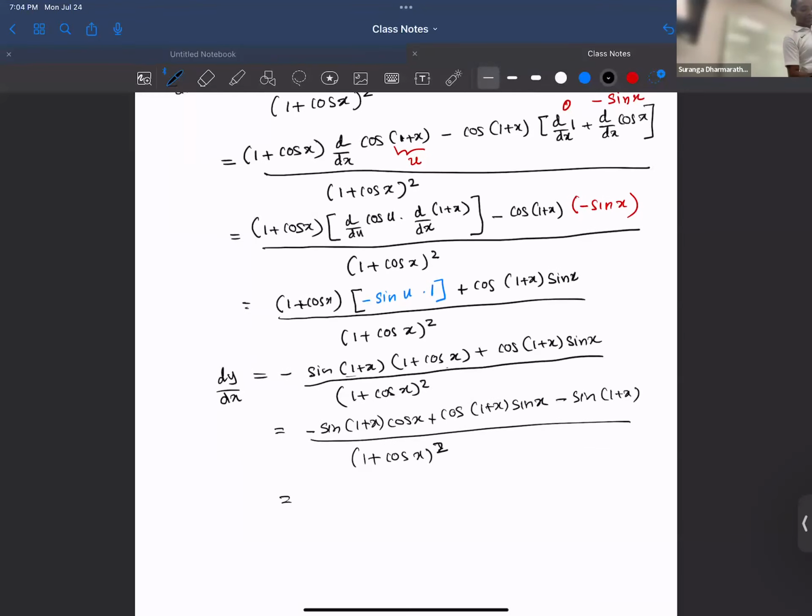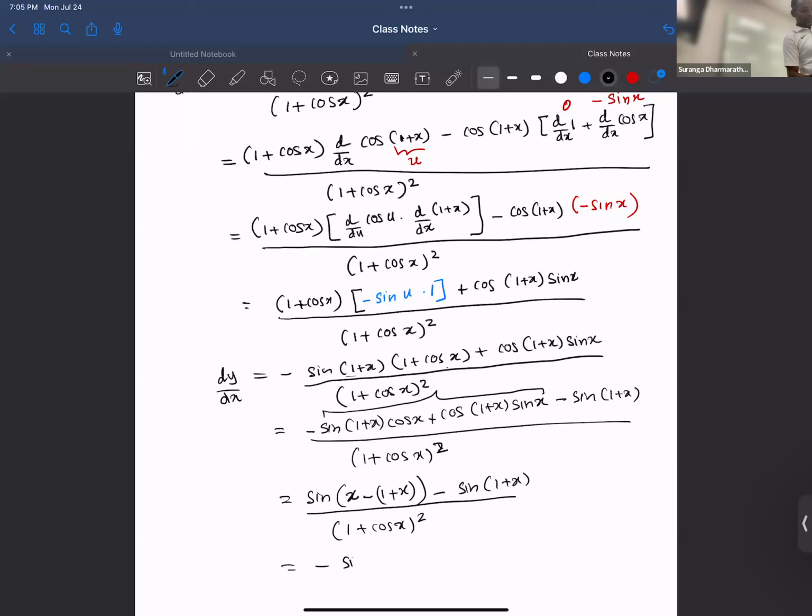And then you can write these two terms as sine(a minus b). So a is x, and b is 1 plus x. So this is sine of negative 1, negative sine 1.